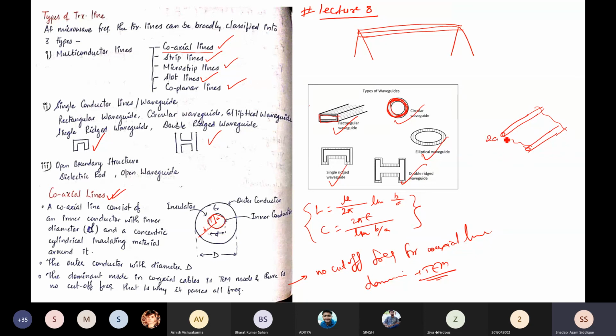The diameter of each conductor is 2a, and the distance between the two is b. The inductance L comes out to be mu upon pi cosh inverse of b upon 2a, and the capacitance is pi epsilon divided by cosh inverse of b upon 2a. So you can go through this. This may be useful for you.